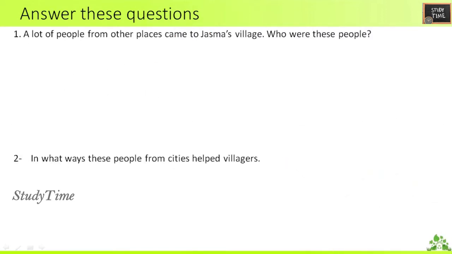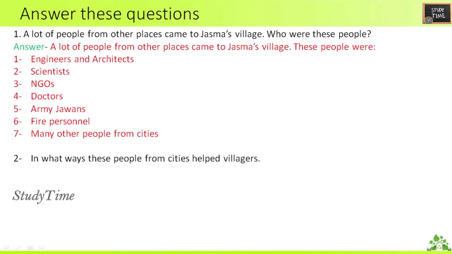Next, answer these questions. First question, a lot of people from other places came to Jasma's village. Who were these people? These people were engineers, architects, scientists, NGOs, doctors, army jawans, and many other people from different cities.